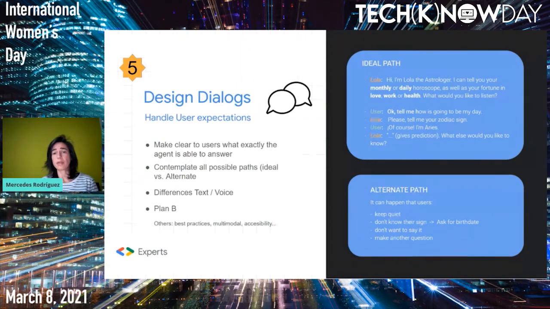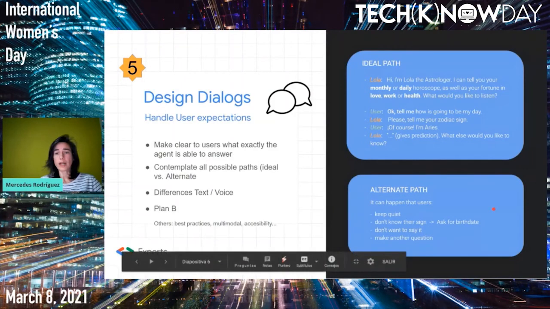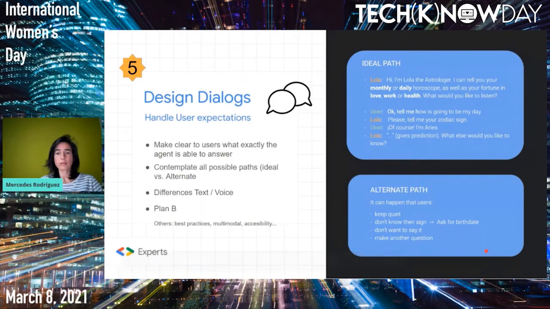But it can happen that the user reacts in a different way. The users could just keep quiet and not say anything. Or maybe they can say, "Oh, I don't know my sign." In that case, we would have to ask for their birth date. Or maybe when we ask for the zodiac sign, they say, "I don't want to tell you," and we have to handle this in conversation.